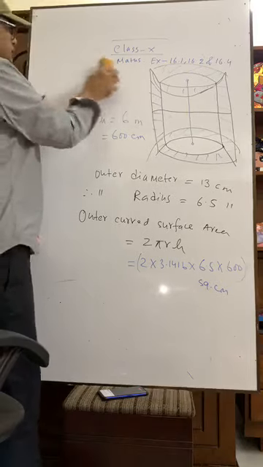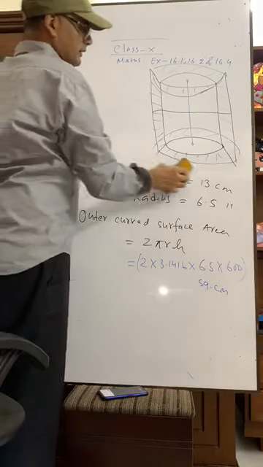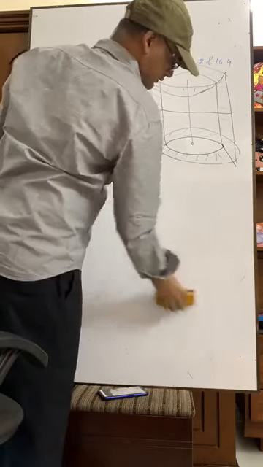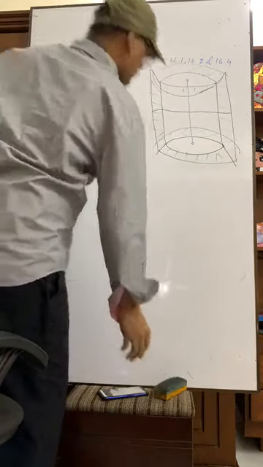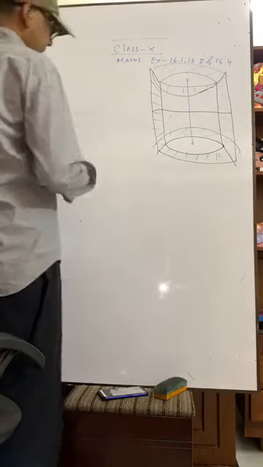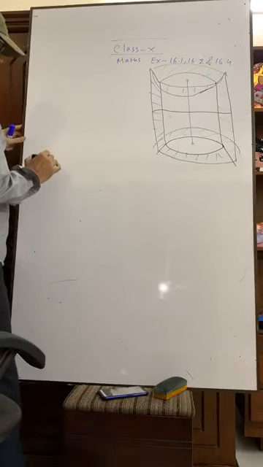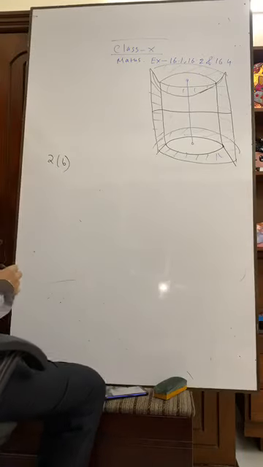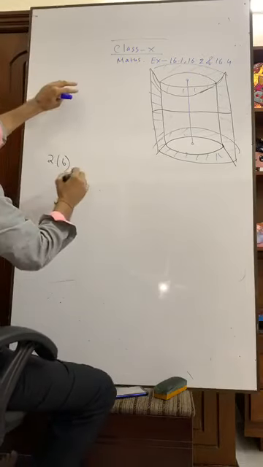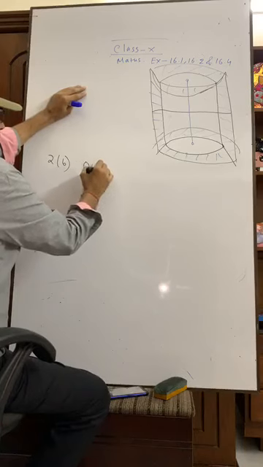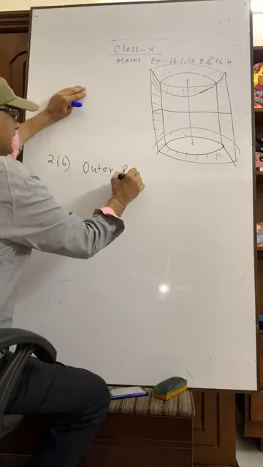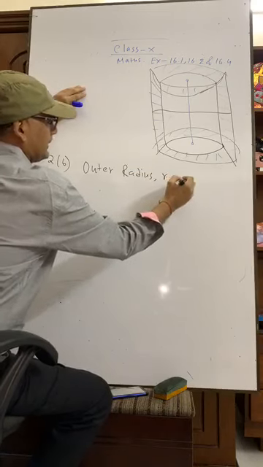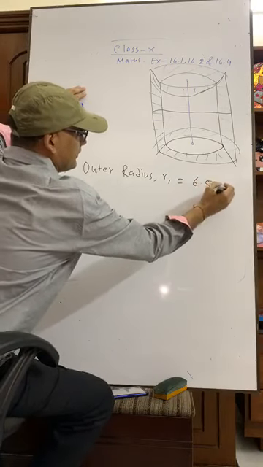Now go to question number 2b. Write down outer radius, R1 equals to what? 6.5 centimeter.